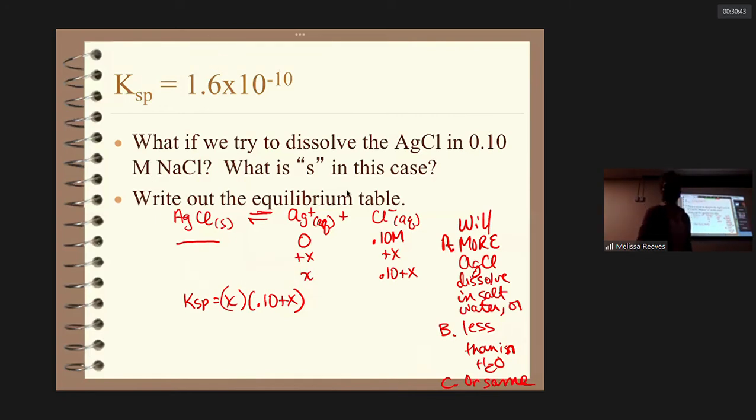It's basically equal between A and B right now in the class. So I'm going to say one more thing and we're going to run this again. Let's say we fully dissolve our silver chloride into pure water, okay? And then I add the sodium chloride to make it a 0.1 molar sodium chloride solution. So the silver chloride is already dissolved in pure water.